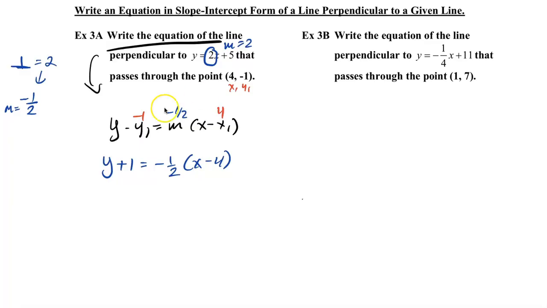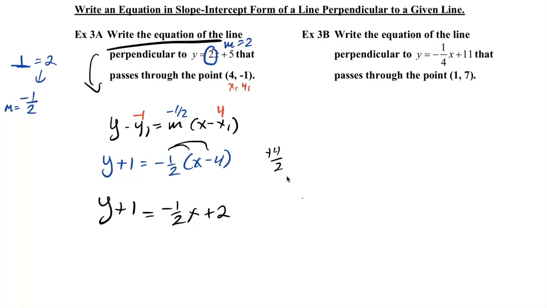Now last time I stopped there, I forgot that it said put in slope-intercept form. So if they want slope-intercept form, we've got to get y by itself. So let's distribute this. I know it's a fraction, but we'll be okay. So y plus 1 equals negative 1/2 x. Negative 1/2 times negative 4 gives us positive 4 over 2. Two negatives make a positive. 4 divided by 2 is 2.